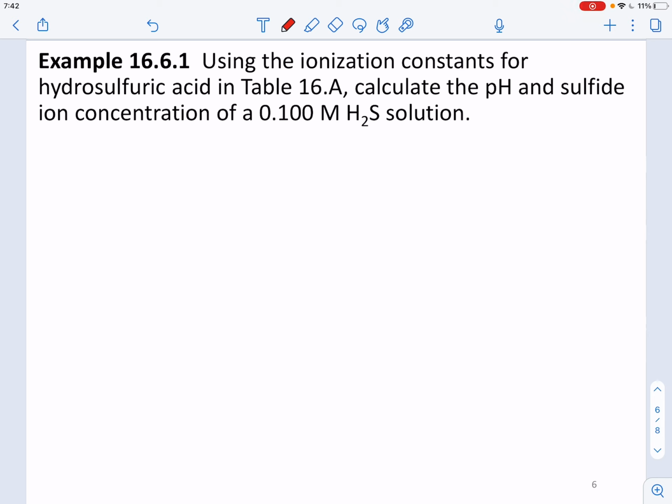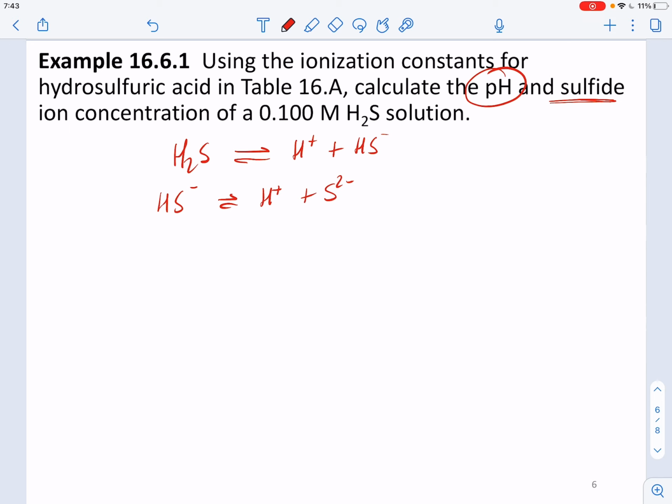So we have hydrosulfuric acid, and we want to know what is the pH and what is the concentration of the sulfide ion. So what is the first thing that we have to do here? Well, hydrosulfuric acid is H2S, and that's a diprotic acid, so we have H2S goes to H plus HS minus, and then HS minus goes to H plus sulfide.